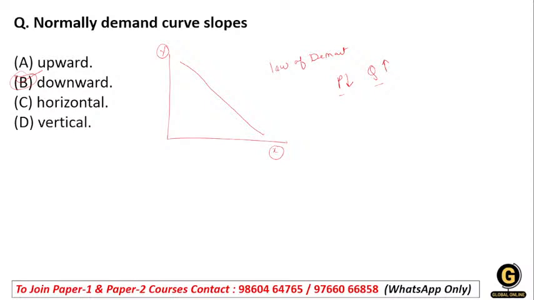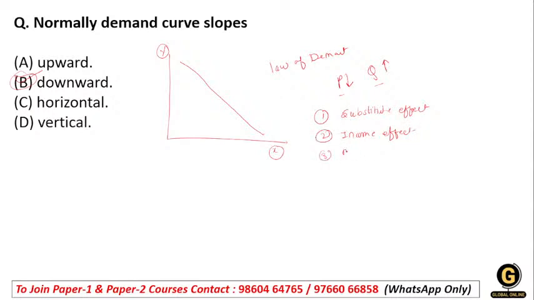Now why does the downward slope occur with price and quantity? There are things that we have to discuss. Due to the substitution effect this happens, due to the income effect this happens, that means our demand curve slopes downward.